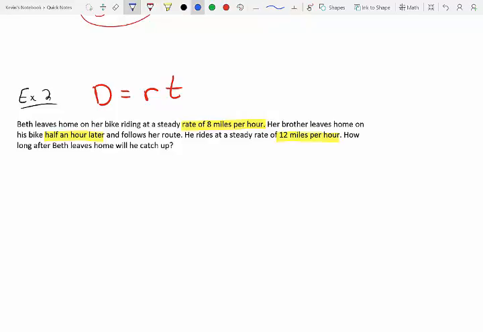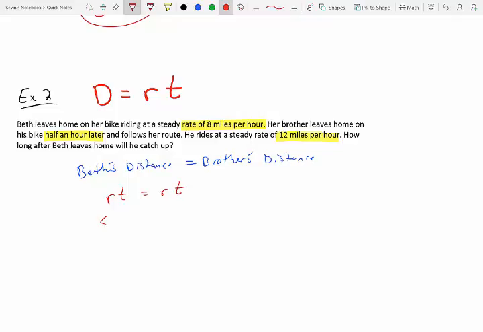So I'm going to go ahead and try to write this equation. If he catches up, they went the same distance. Beth's distance equal to brother's distance. Let's fill in what we know. We know that rate times time is going to equal the rate times time.